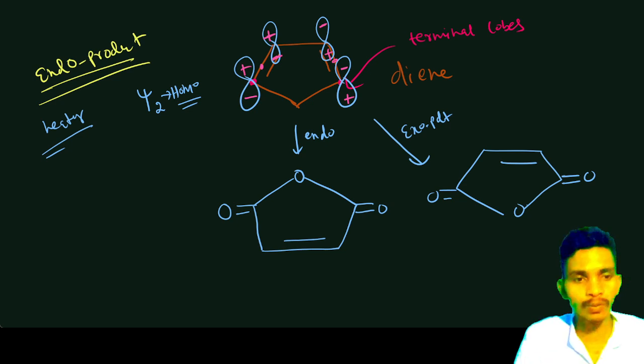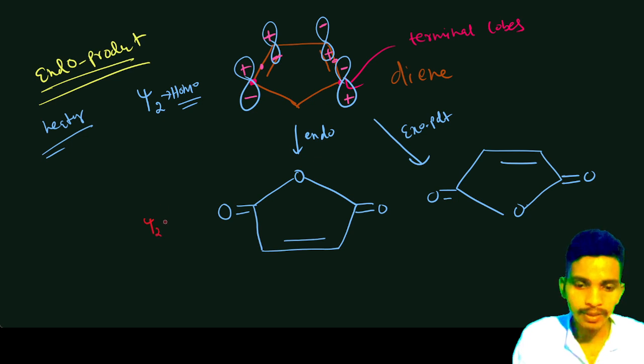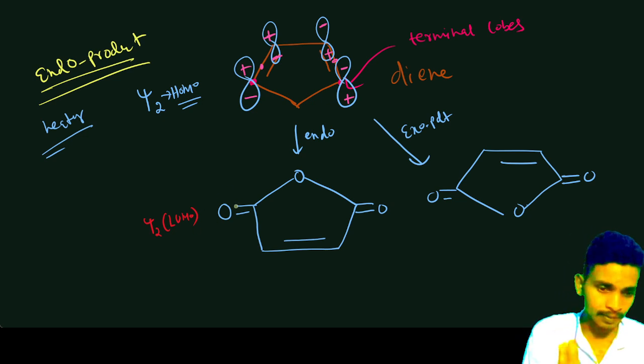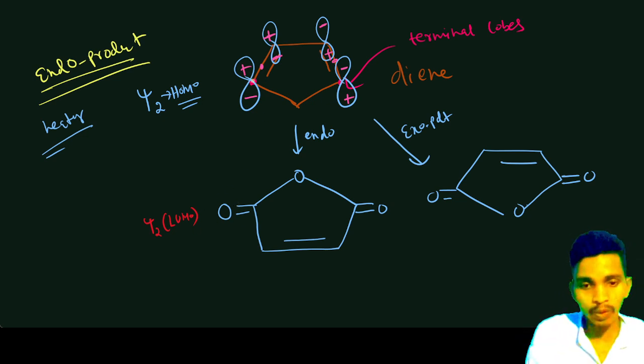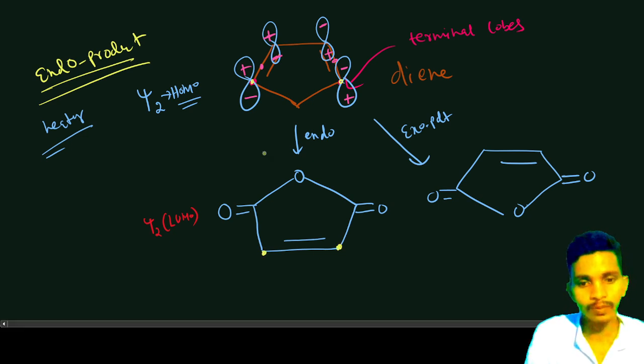Okay, so now what we see here is that the LUMO is psi 2. If you do the orbital representation for these molecules, psi 2 is the LUMO. First we look at where the bond actually forms. So the bond will form at this one.